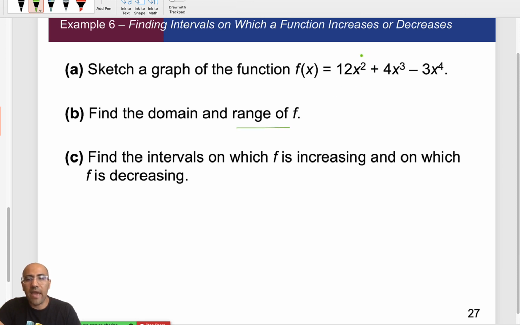What is the maximum output of this? What's the minimum value of this thing? It'll be easier to find the range by graphing it. So find the intervals on which f is increasing and on which f is decreasing. Okay, so let's do it with Desmos first.